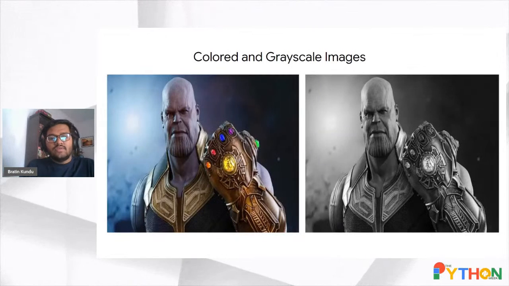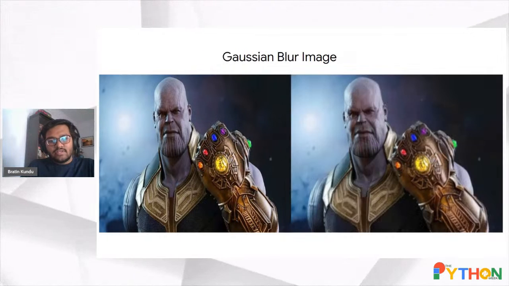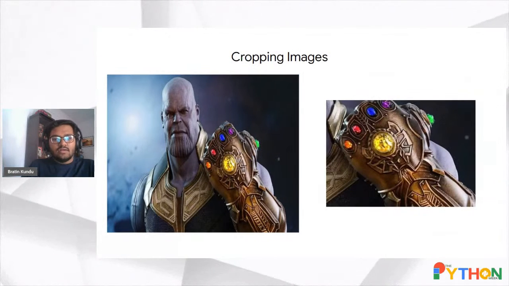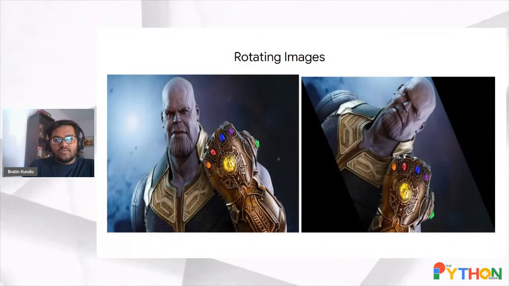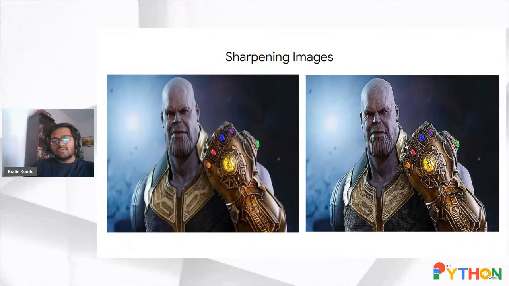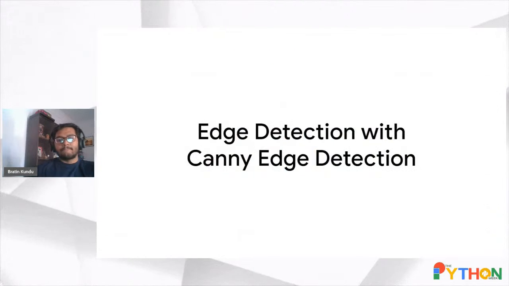For image transformation, we saw the colored and grayscale images, how you can transform the same image to colored and then to grayscale. Then we saw how we can blur an image, then cropping the image, then how we can rotate the images, and lastly how we can sharpen the images. Okay, so now the next thing is edge detection with the Canny Edge detection algorithm.